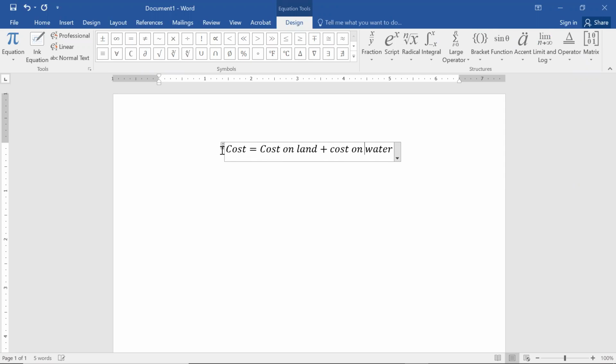Now the cost of laying the cable on land is $60,000 times the amount of miles that we laid the cable on land. The cost on the water is going to be $90,000 times the number of miles that we laid cable in the water.